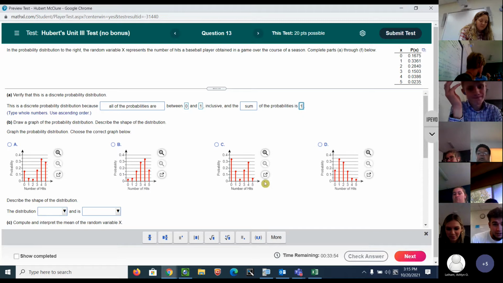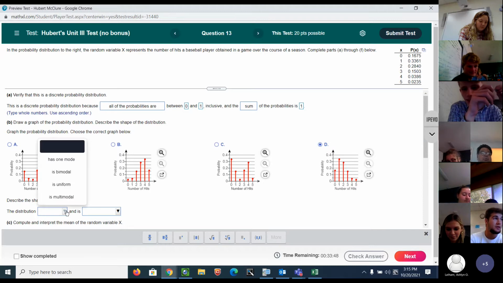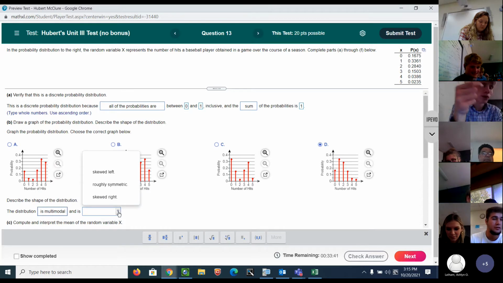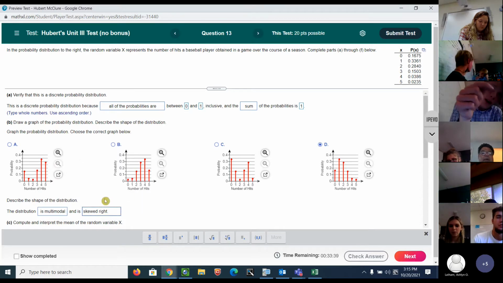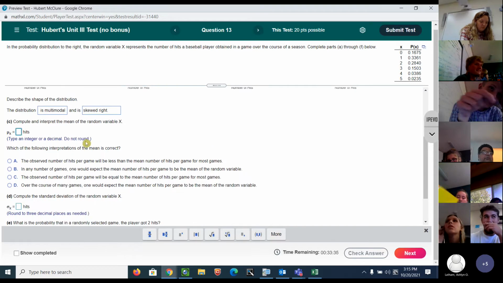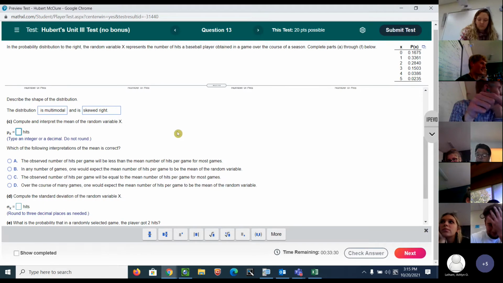And it looks like it levels out right here, D, and the distribution is skewed right. Multimodal, I don't know what that means. Skewed right. And the mean says round to what? Do not round. Okay. 1.6269.